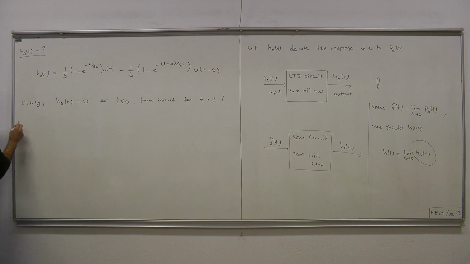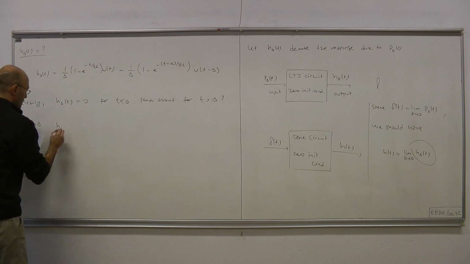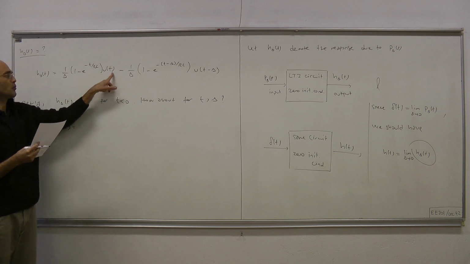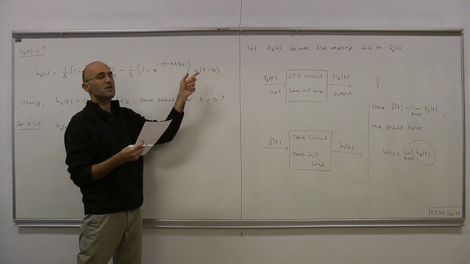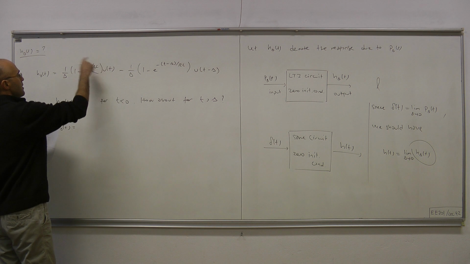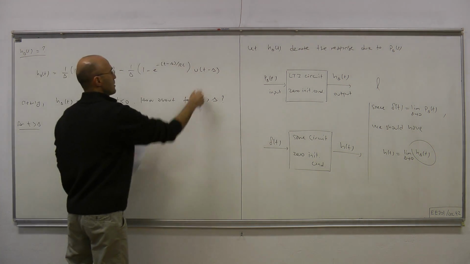Now for t greater than delta, h of t equals: the argument of u of t is positive, therefore this thing is 1. The argument of u of t minus delta is also positive, therefore this thing is also 1. So what we have is this thing minus the thing multiplying u of t minus delta.